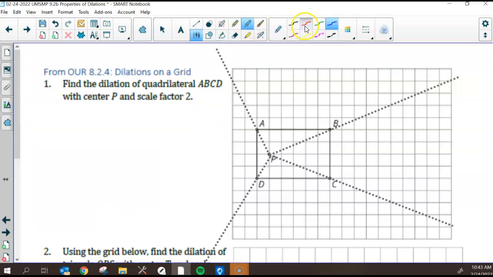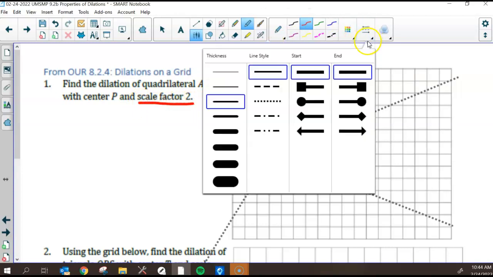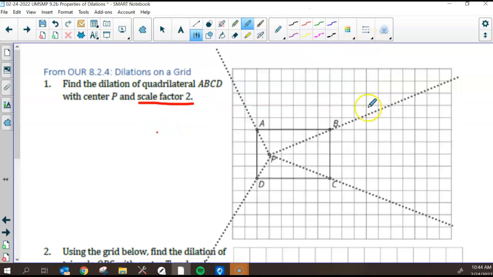And if I'm looking for something, I want to find A prime. I know it's going to be on this line somewhere, but I need to make sure I'm using that scale factor of 2. Here's what I need to be paying attention to. How far away is A from P? Again, it's hard to measure the length of those diagonals, but I can see that it's up 2 and back 1.